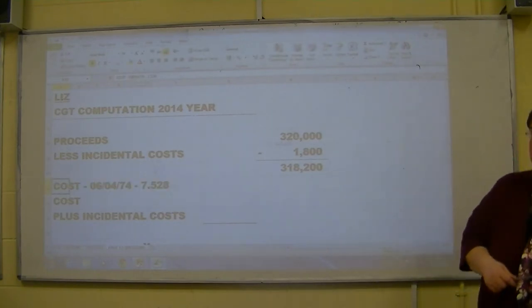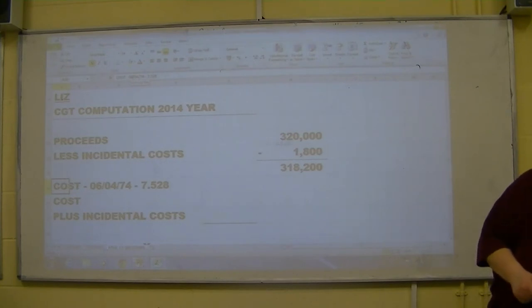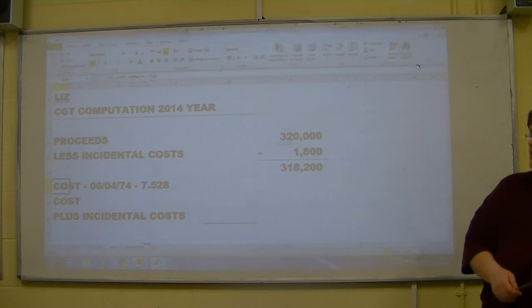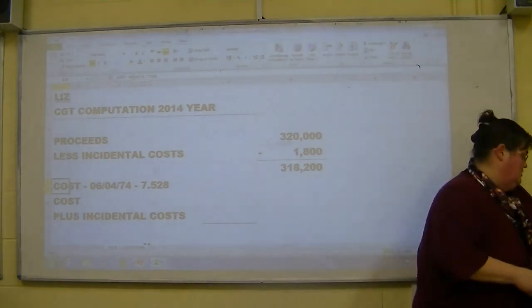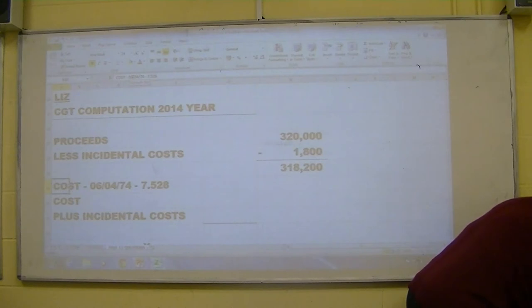Okay, we've got our cost on the 6th of April 74. That's the very first one there on top. 7.528 is our rate. And how much did it cost us? 6,400.